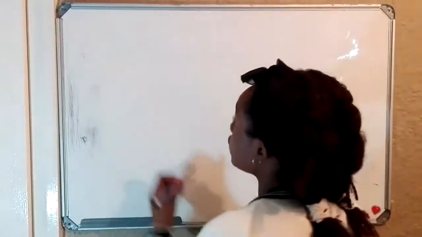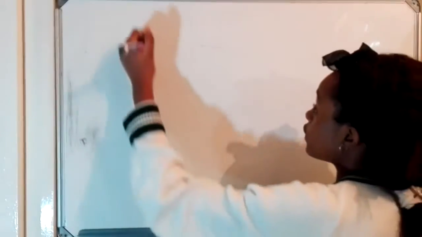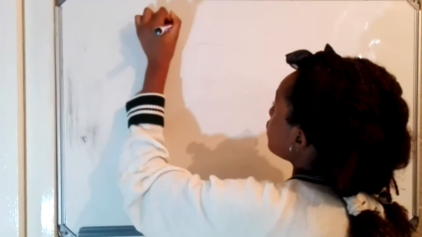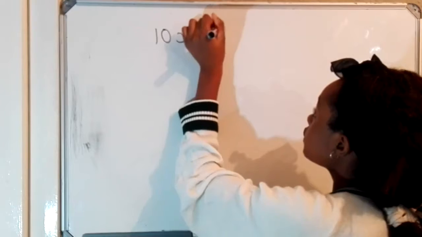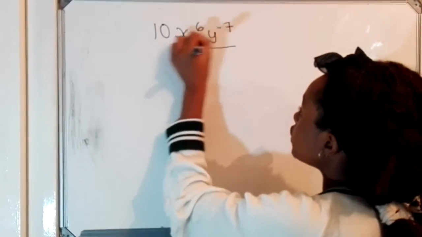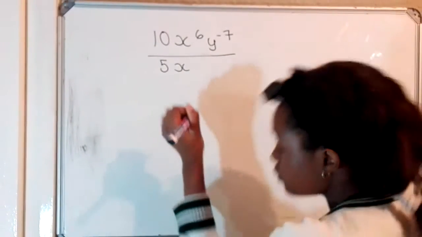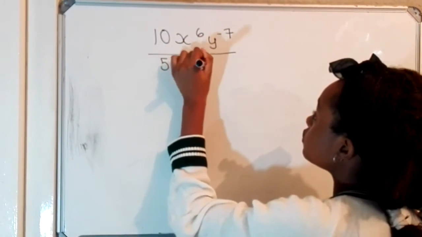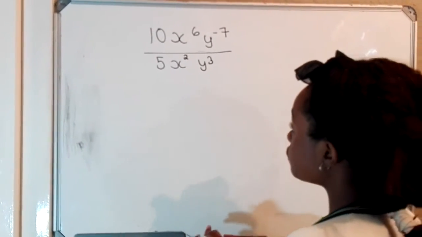Okay, so here's another one. Say you have this one. Say we have 10x to the power of 6, y to the power of minus 7, over 5x squared and y cubed. Okay, feel free to pause the video and try this one on your own.